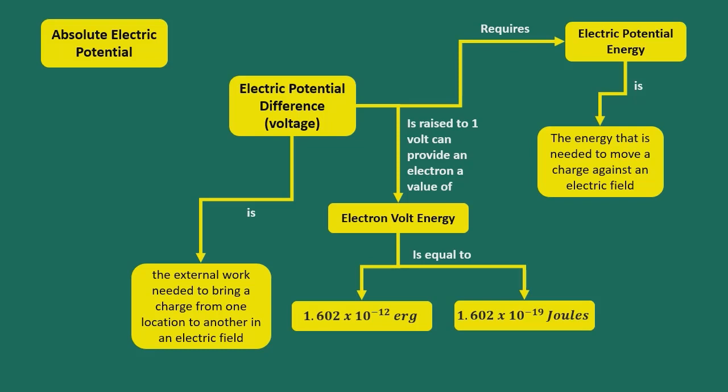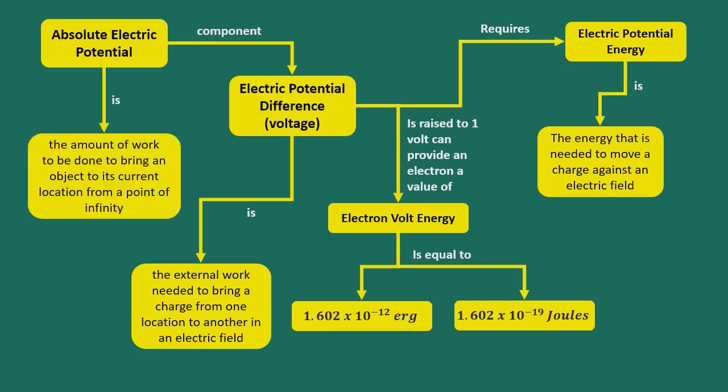Actually, when we speak of the absolute, that is the entirety of the absolute electric potential, wherein electric potential difference is just simply a component or a parcel of the absolute electric potential, which is actually the amount of work, the same as electric potential difference, which is the amount of work to be done to bring an object to its current location or current position from a specific point from infinity.